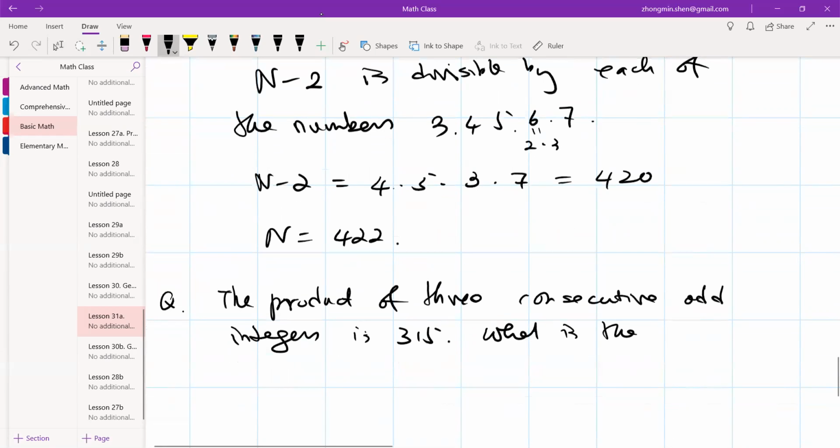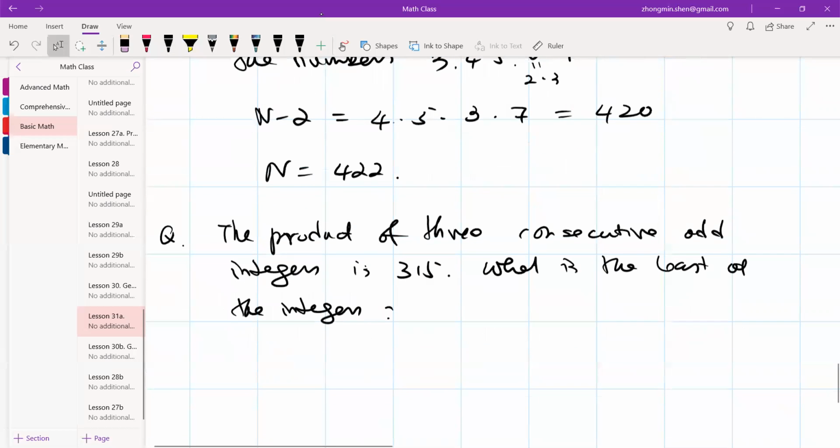What is the list of the integers? I'll give you a minute to work on this problem. It's a product of 3 consecutive odd integers. Consecutive odd integers means, for example, 7, 9, 11.